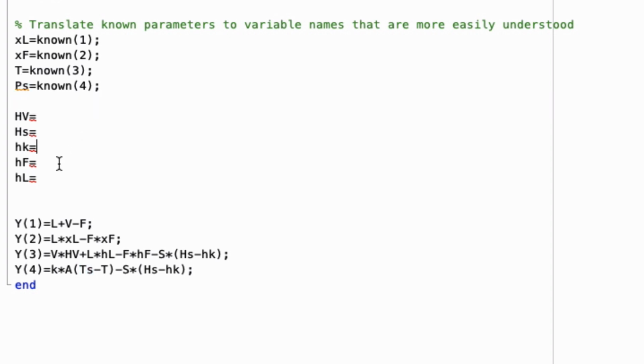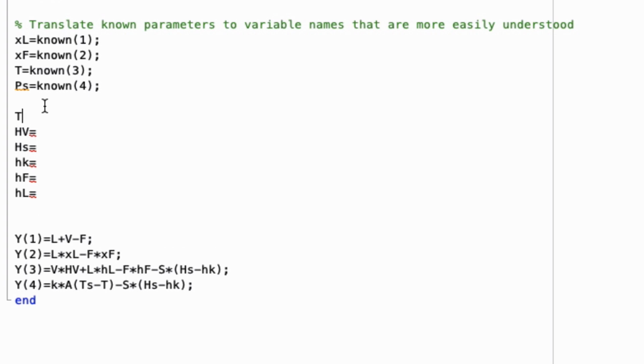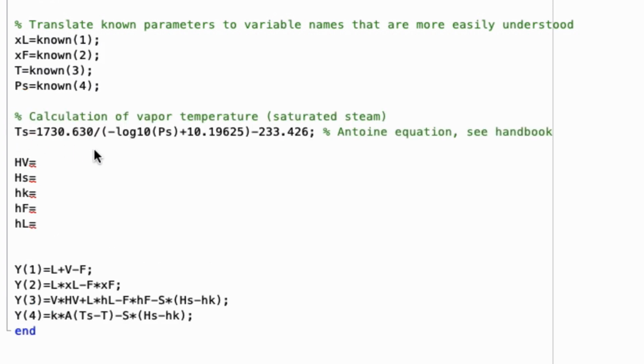That means that we have to calculate TS somehow from PS. So TS should be a function of PS somehow. I will just paste that in here. So our TS equals this thing. This is the Antoine equation.